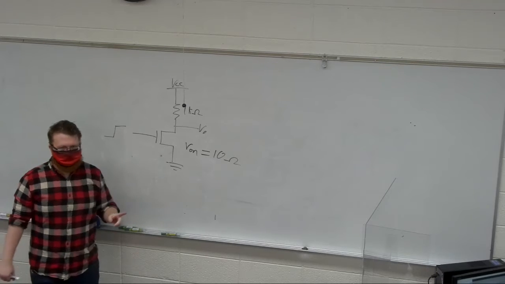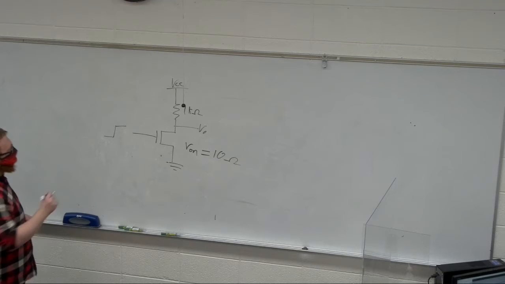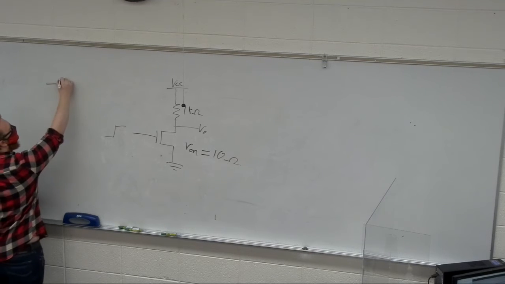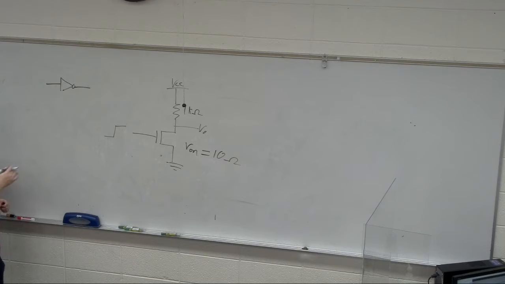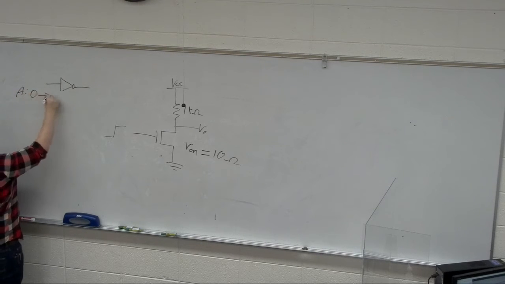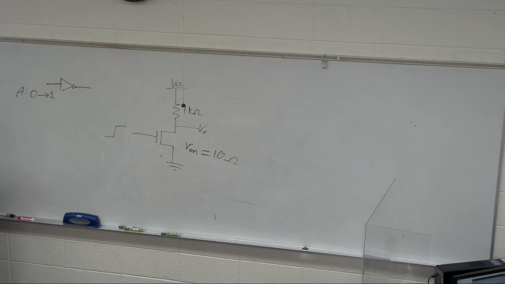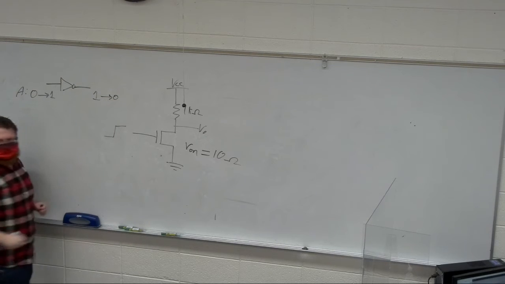I need to make sure I said that correctly, because inverters are awful. Because an inverter, the assertion delay is going from 0 to 1 at the input, which means the output is doing 1 to 0, right?